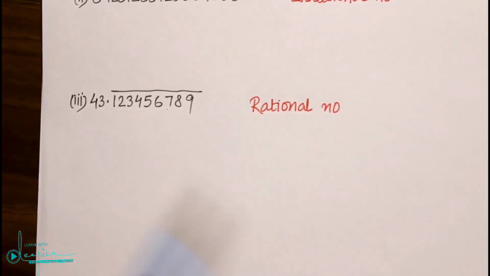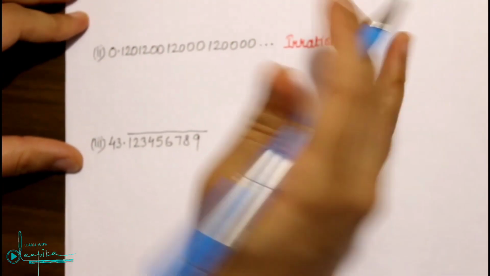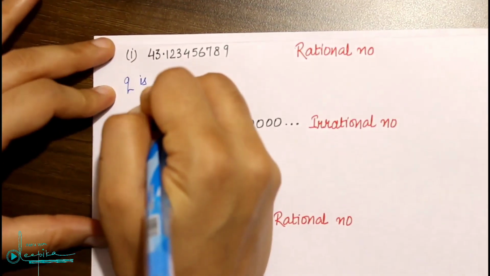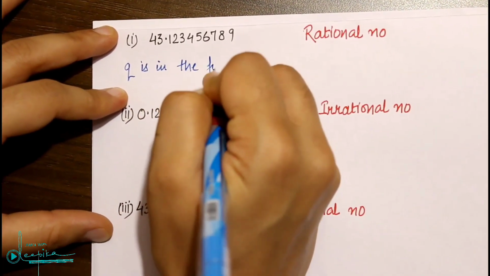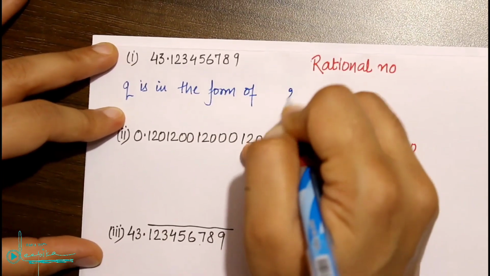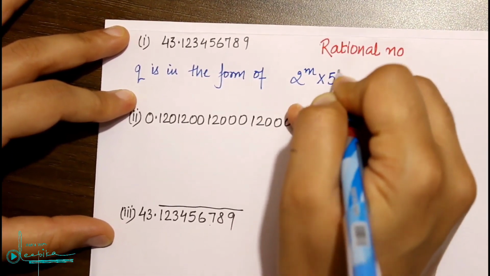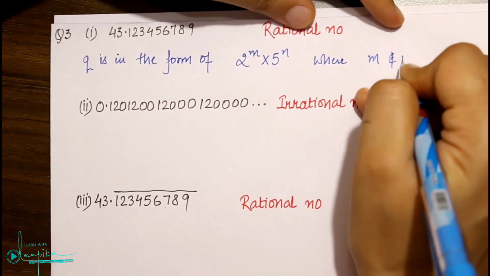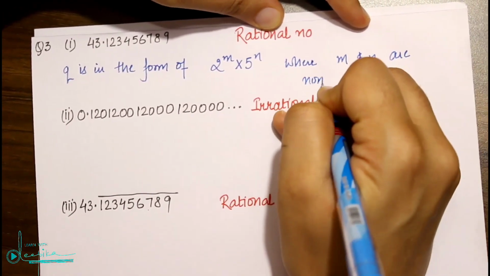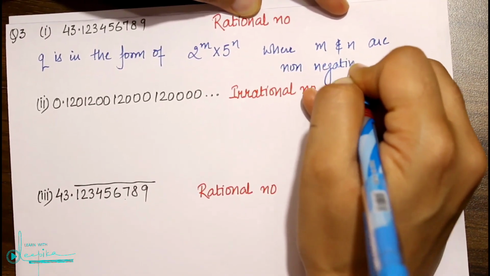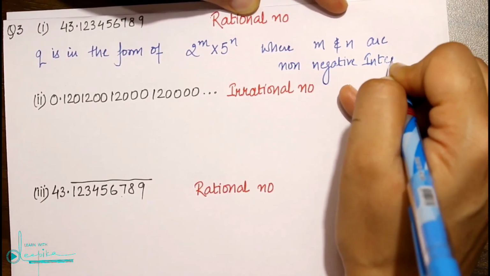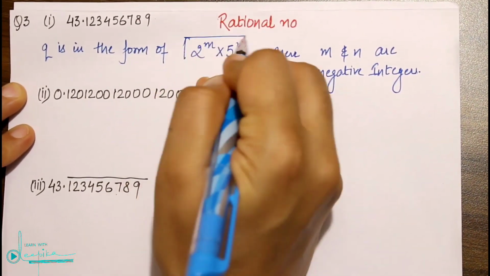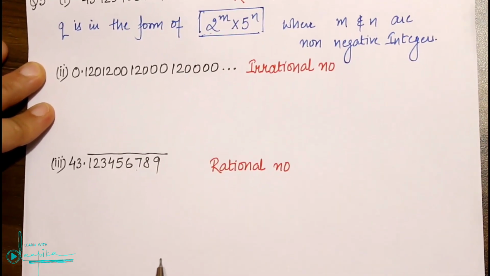Now you have to tell what will be the nature of its denominator q. Like in this case, q is in the form of 2 raised to power m and 5 raised to power n, where m and n are non-negative integers, because it's terminating, that's why this will be in the form of 2 raised to power m and 5 raised to power n.